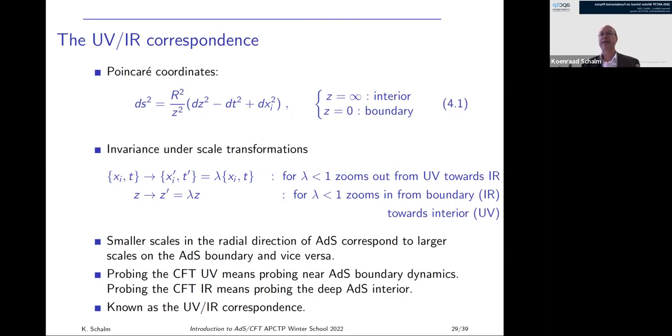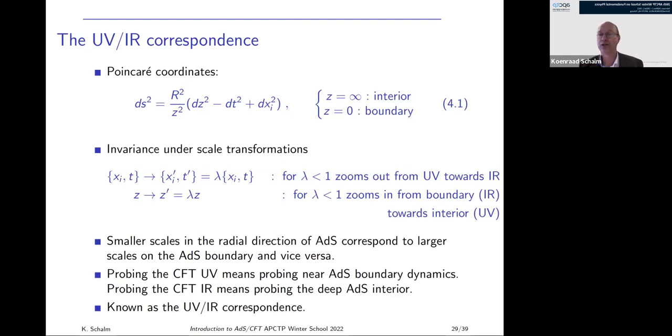And what I really mean by that is the dynamics that can depend on whether you're close to the boundary or interior. In a strict CFT, there's no scale, so it's hard to see. But later, especially tomorrow and on Wednesday, we will see that once you put in a reference scale, you can distinguish between strict UV scales and strict IR scales. But you already see it in this manifestation of the Poincaré coordinates.